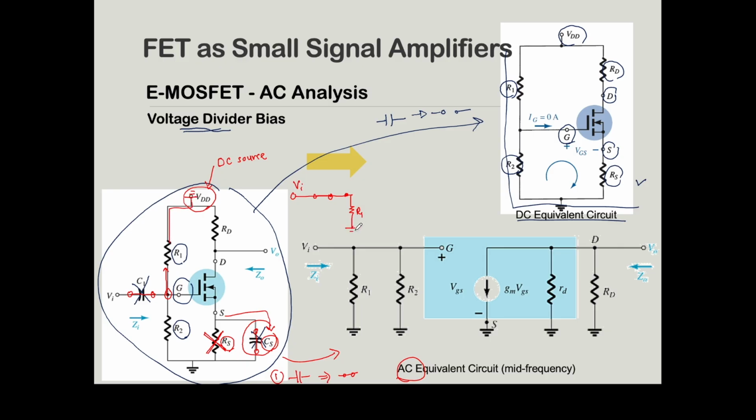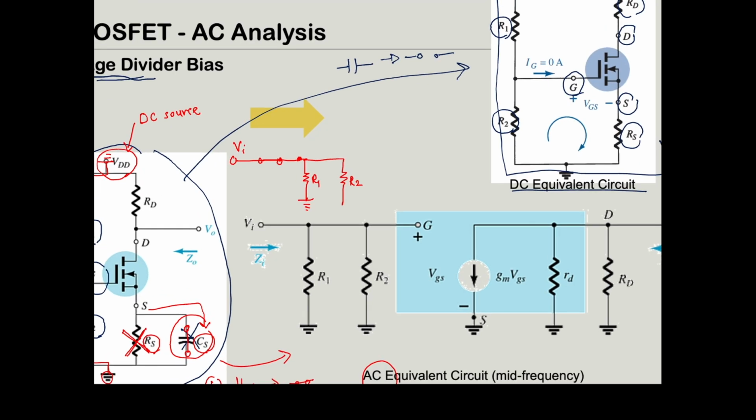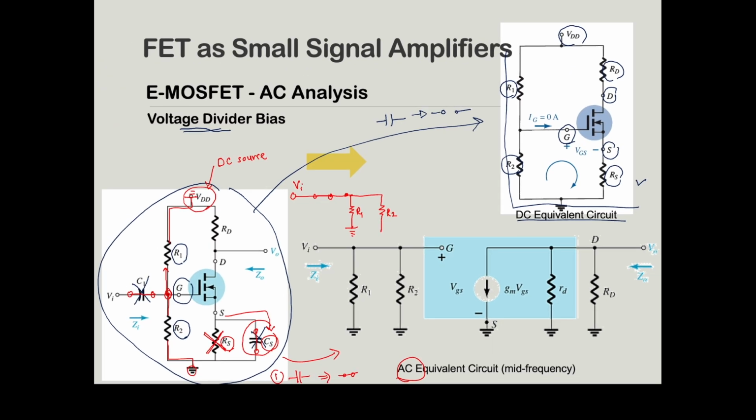I make the ground at the bottom. Next, at this junction, we still have R2. So this is your R2, and at the end of R2 it goes to ground. Next, it meets the gate terminal. So here is your gate terminal.